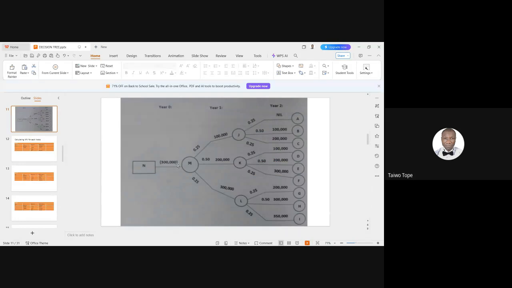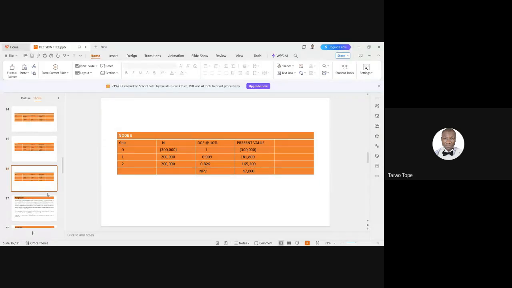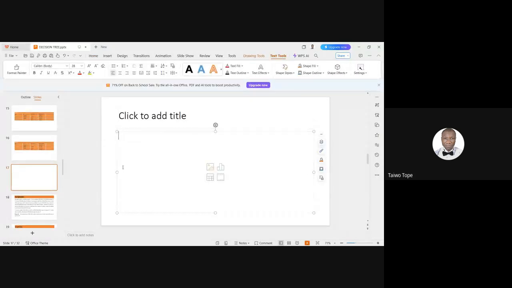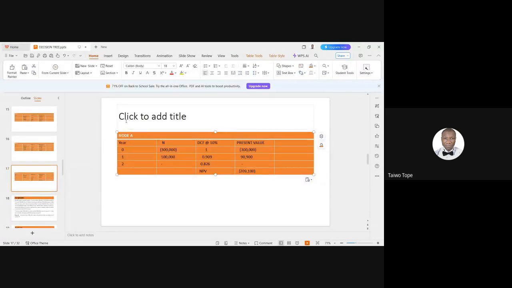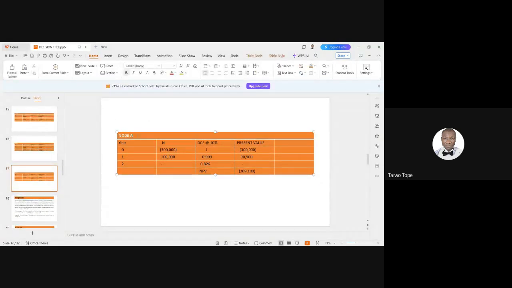it's what? You are investing 300 in year 0, you are getting 200 in year 1, and in year 2, you are getting what? 300. So you solve again. Node F, year 0, 300.